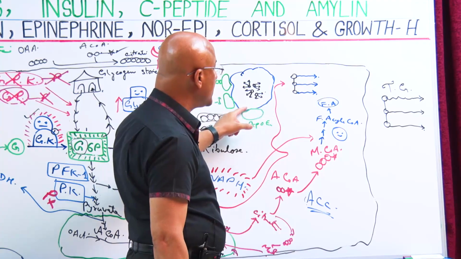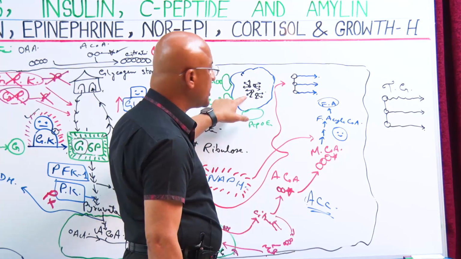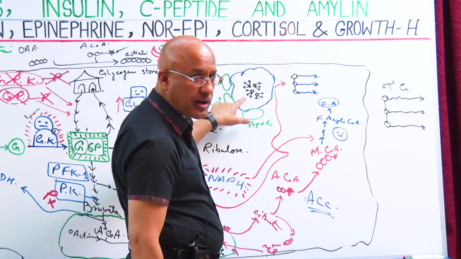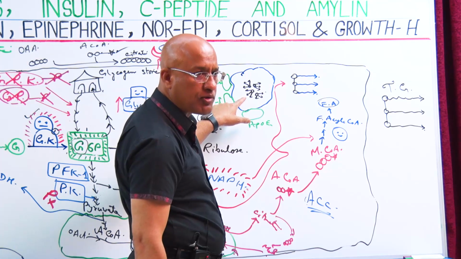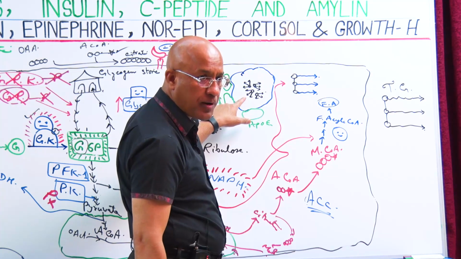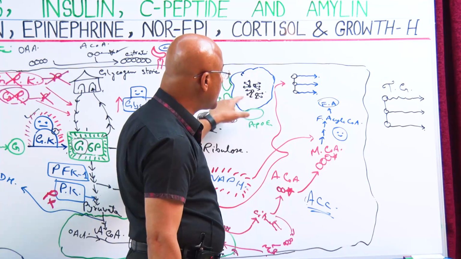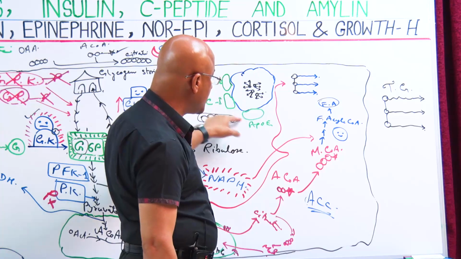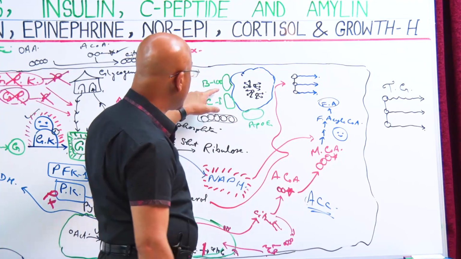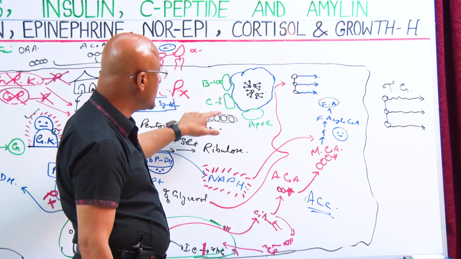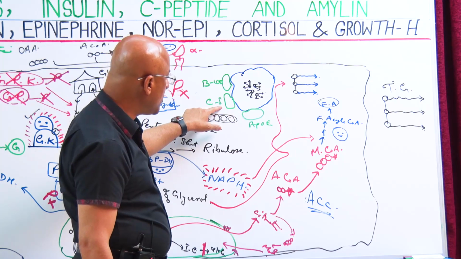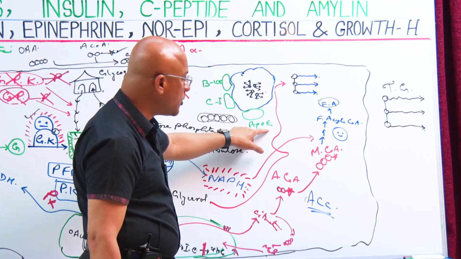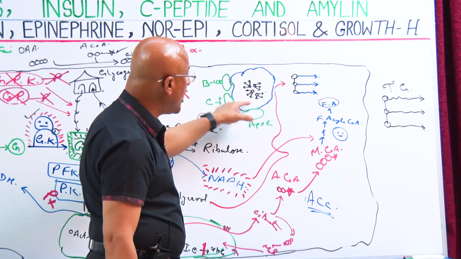Now the triglyceride which is formed, a special type of lipoprotein is made. What is this? Lipoprotein, because it has lipids. It has a lot of triglyceride, some cholesterol esters, some phospholipids. So a lot of lipids are there, and with that some proteins are there. These are apoproteins, apo B100, apo C1, apo E. Now these are all lipids.